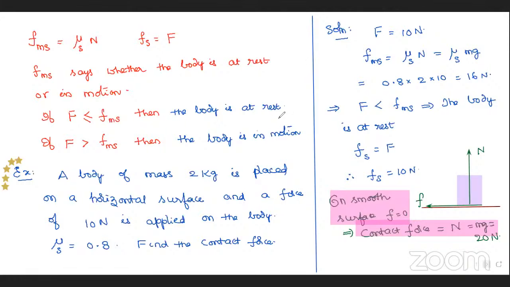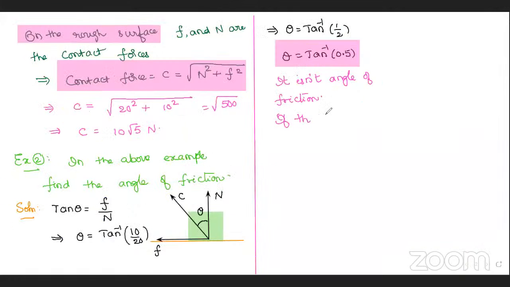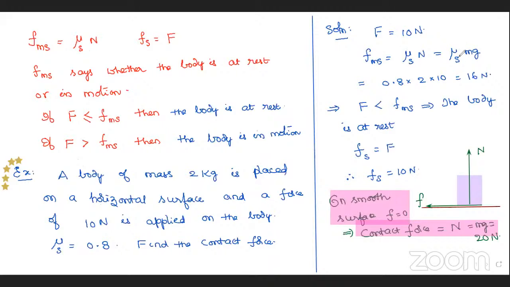But if the applied force is 16 newtons, then what do you say? In the previous example, if the applied force is not 10, suppose it is 16, then what do you say? F is equal to FMS or F is less than FMS?